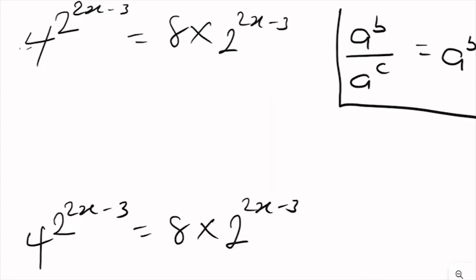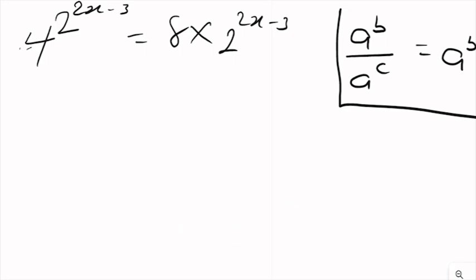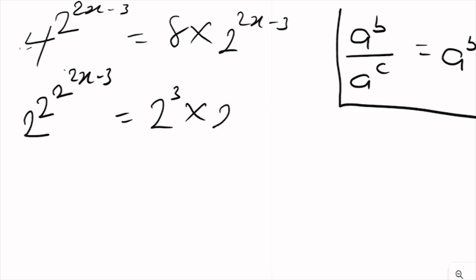Now, if we simplify this, 4 is the same thing as 2 raised to the power 2, so we can say 2 raised to the power 2 raised to the power of 2x minus 3. And this will give us 2 raised to the power 3 multiplied by 2 raised to the power of 2x minus 3.